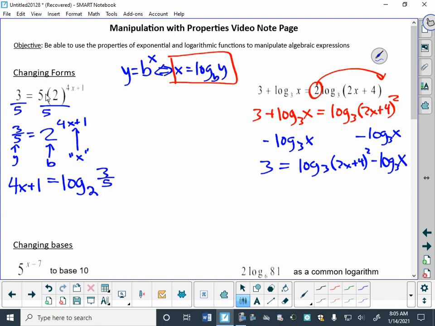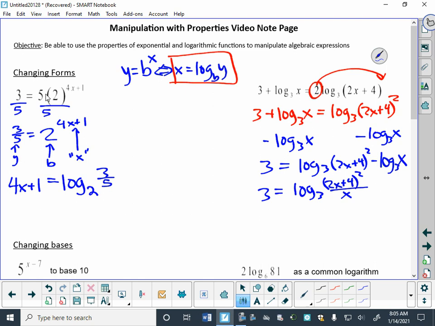But I've got 2 logarithms with the same base and subtraction in between, and I have the division property. So I can rewrite this as 3 equals the log base 3 of 2x plus 4 squared over x.